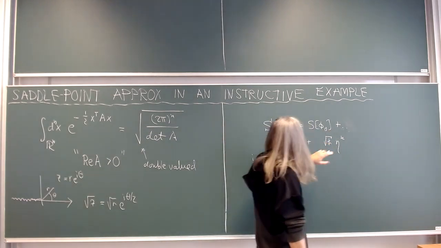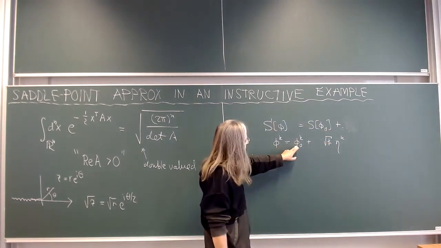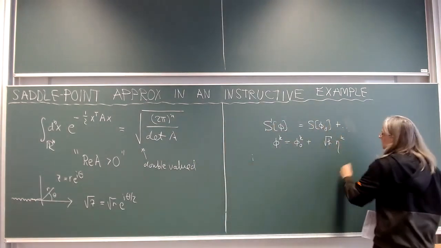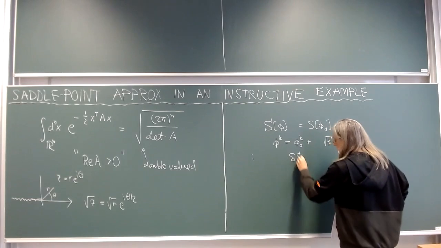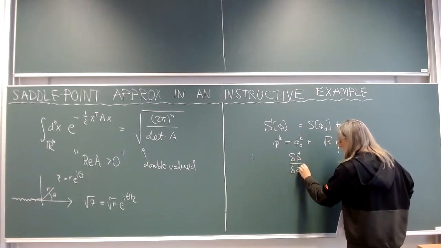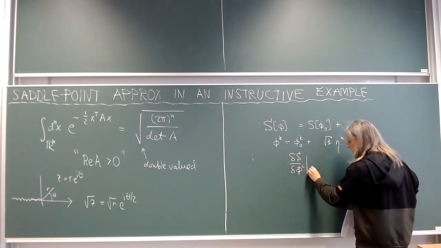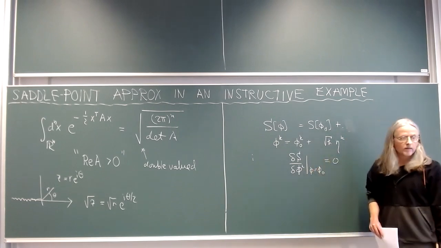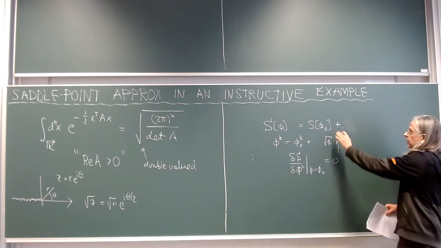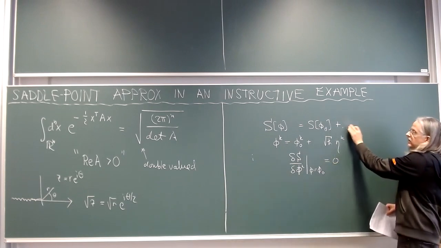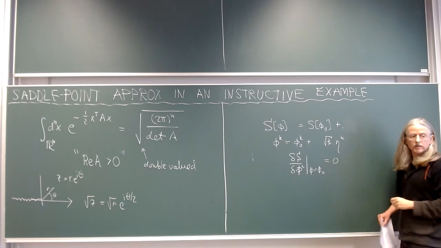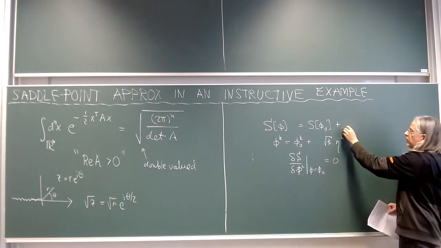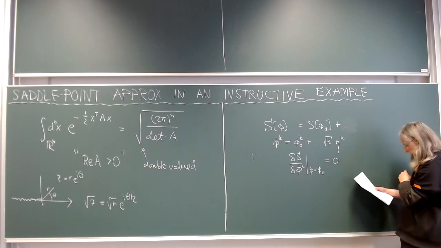So what do we mean by that? This is going to be a stationary point. So we will assume that dS/dphi_k at phi equal to phi_0 is 0. And so when we expand this, the first order correction will be absent, and the next order will be what's usually called the Hessian.